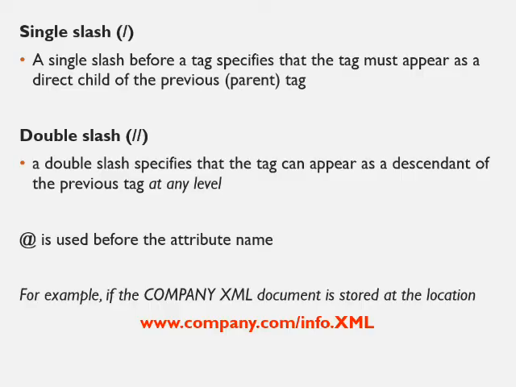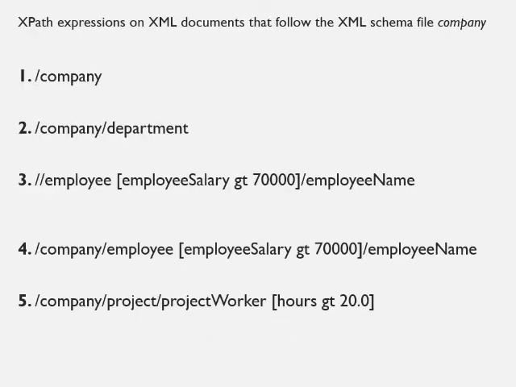For example, if the company XML document is stored at the location www.company.com/info.xml, we use XPath expressions to retrieve the data from the file. First one is /company, which returns the company node.